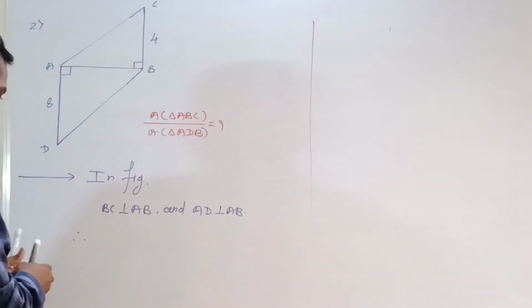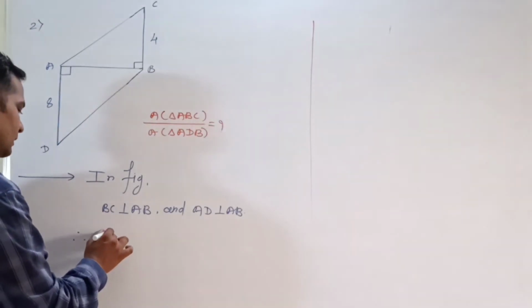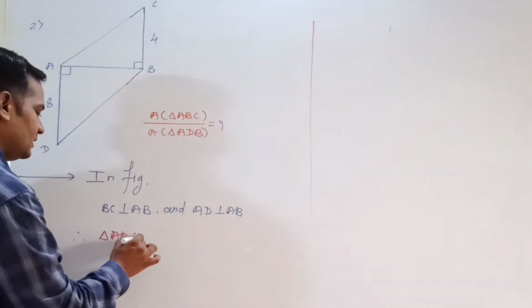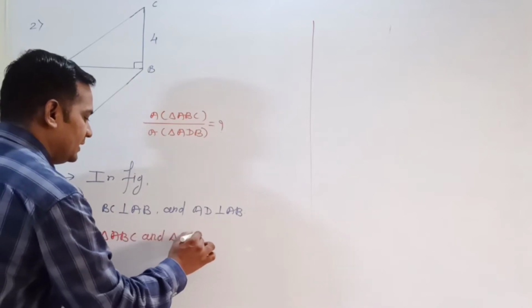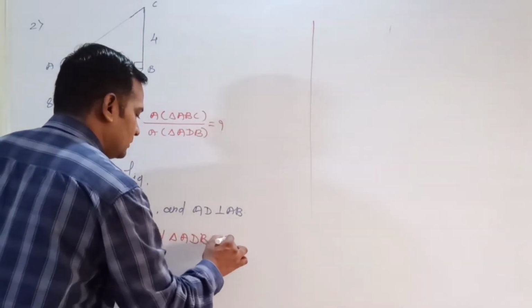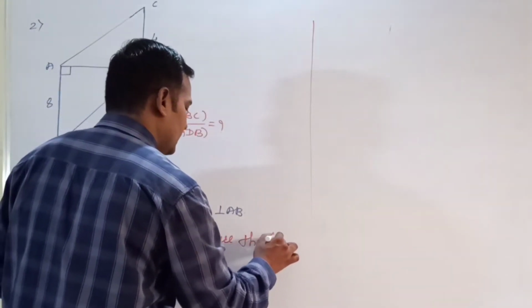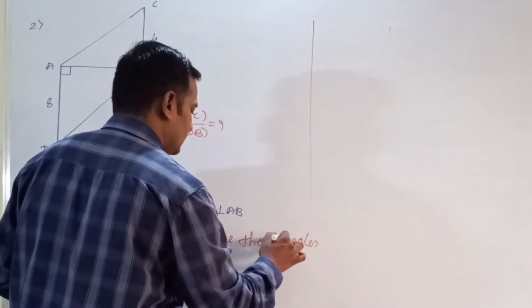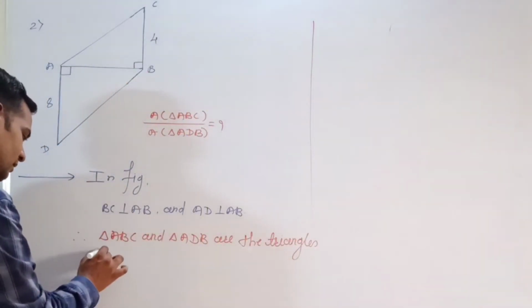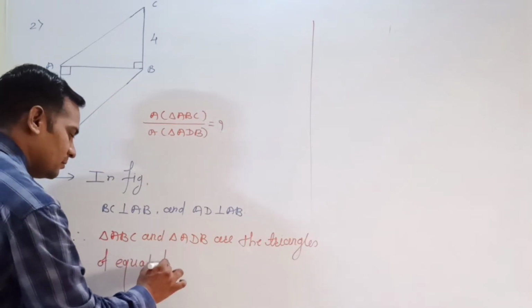Therefore, triangle ABC and triangle ADB are triangles of equal bases.